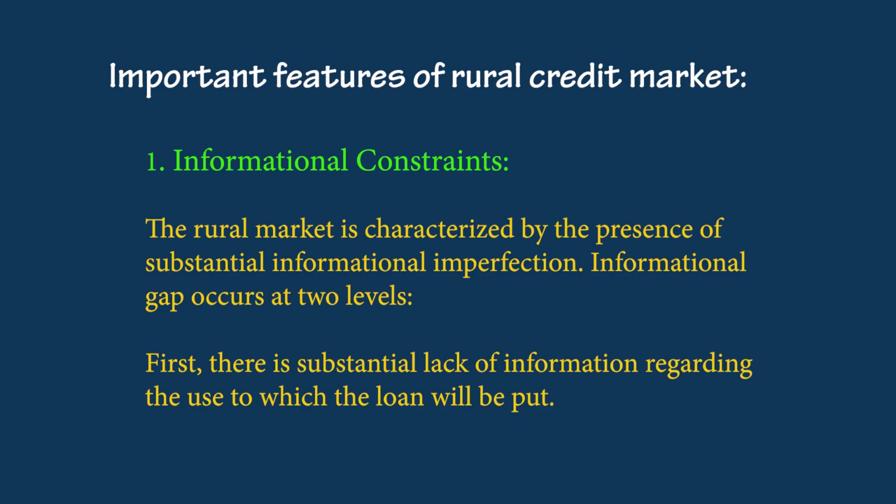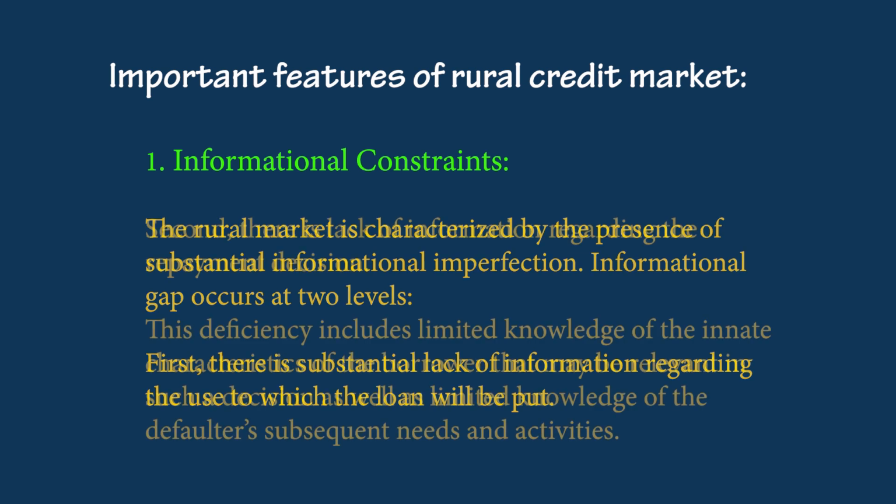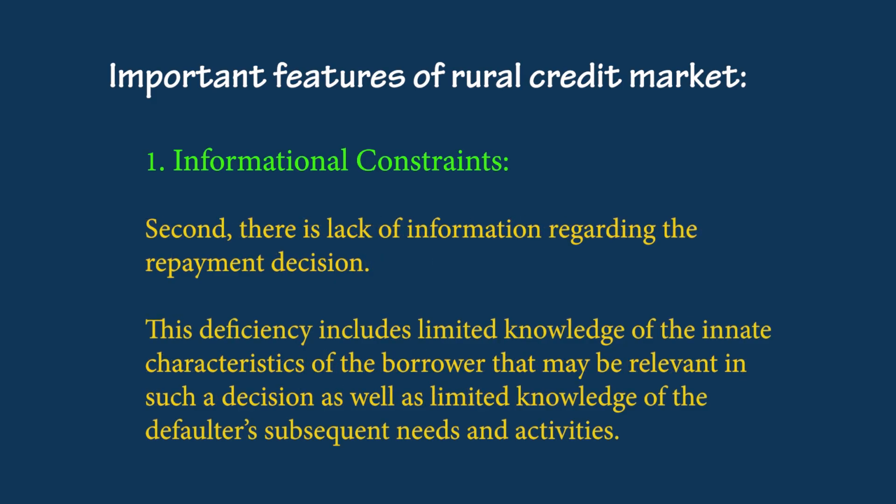The rural market is characterized by the presence of substantial informational imperfection. The informational gap in this market occurs at 2 levels. First, there is a substantial lack of information regarding the use to which a loan is put. Second, there is a lack of information regarding the repayment decision.